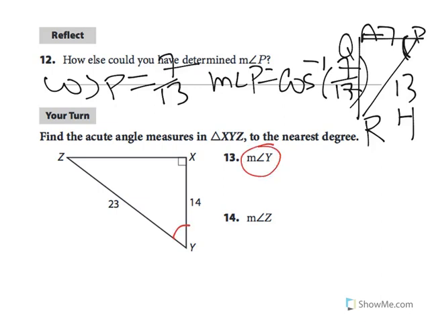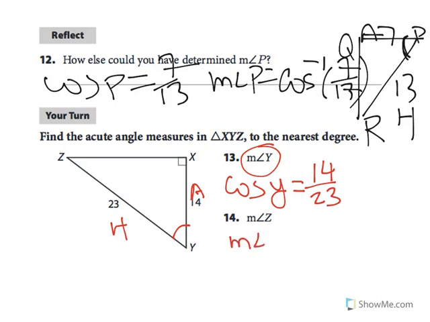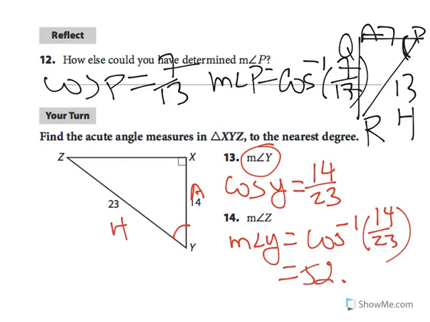Okay, so we're observing from Y, so we have adjacent and hypotenuse. So we use cosine. So cosine of angle Y is equal to adjacent over hypotenuse. Which means that the measurement of angle Y is equal to cosine inverse of 14 over 23. So this gives us 52.5 degrees.